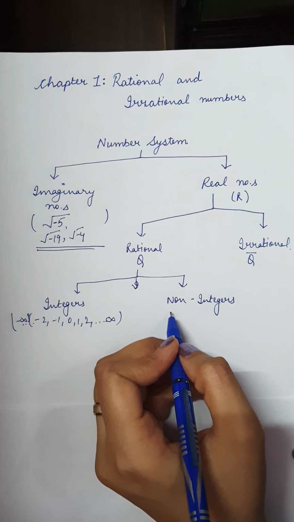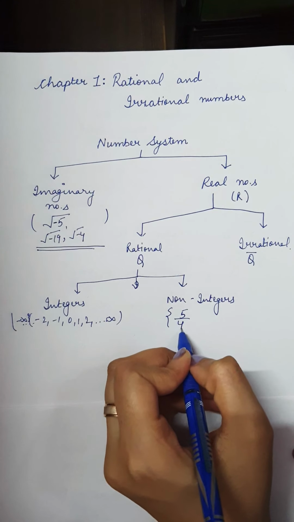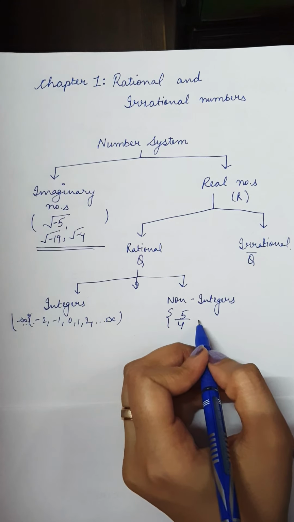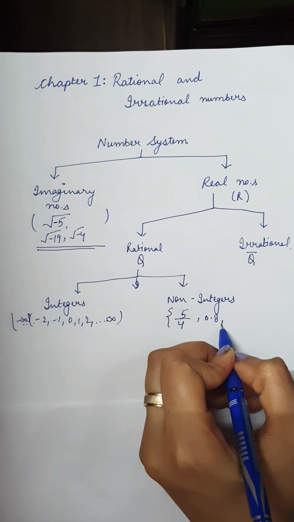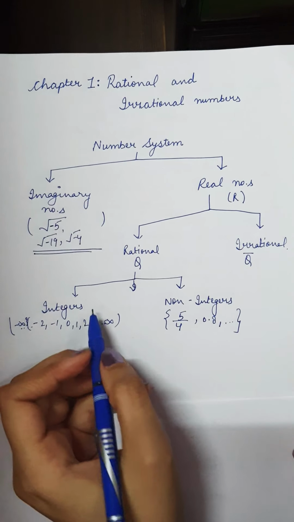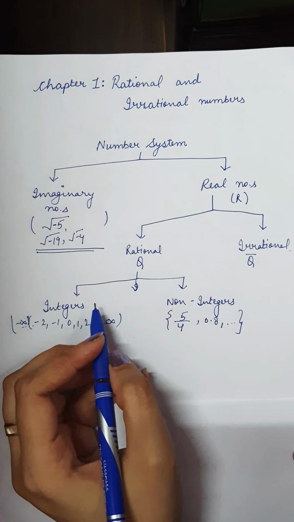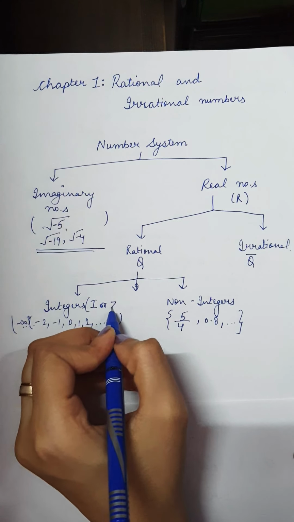Non-integers, they include, for example, the fractions, or we can say the decimals 0.8 and so on, or the mixed fractions, right? Now here the symbol for integers are either capital I or Z.